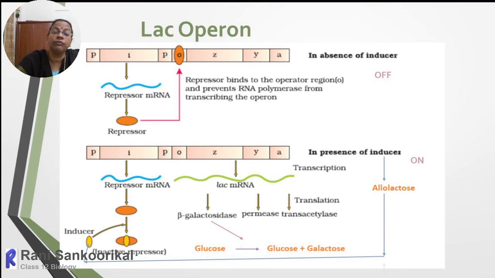Even though there is a promoter, the promoter will always be on, and that promoter will allow its own RNA polymerase to bind. As a result, the I gene will be transcribed into repressor mRNA, which gives a protein, and this repressor can regulate the expression of the genes.